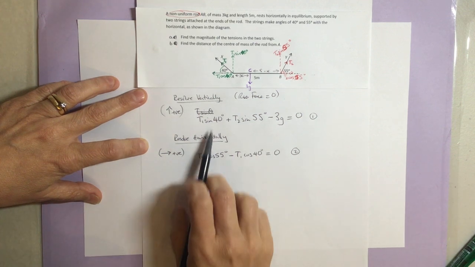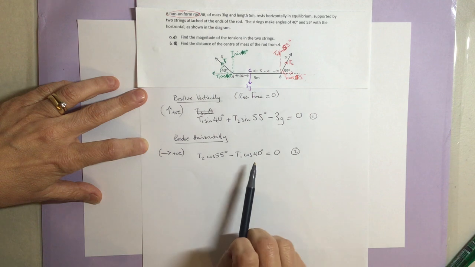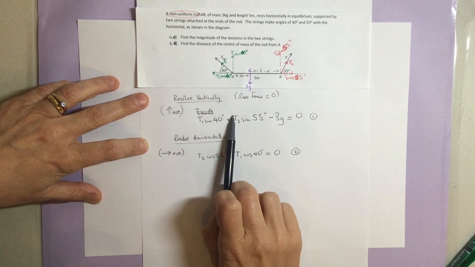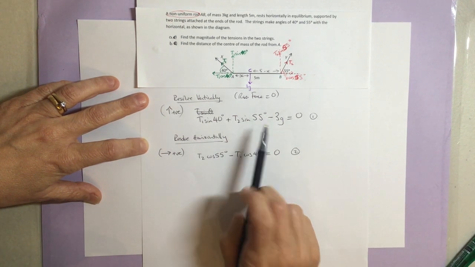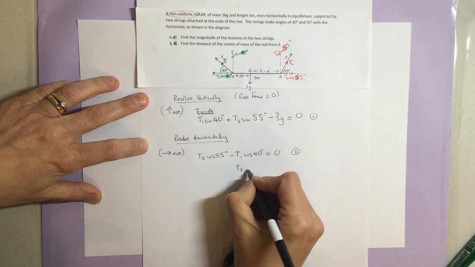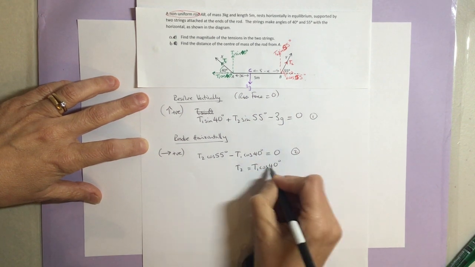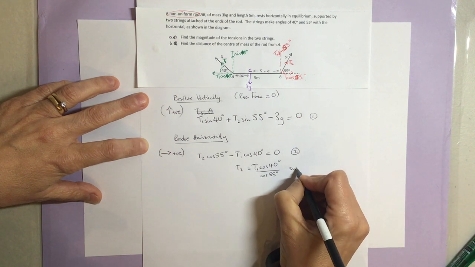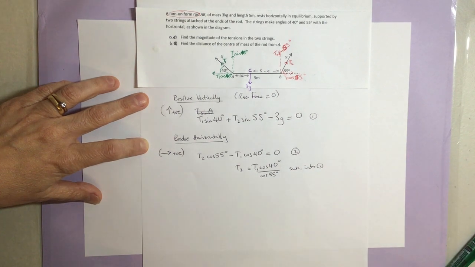So I've got two equations, two unknowns. They're not particularly nice equations, but that's okay. So I'm going to get, let's say maybe T2 as the subject here, sub it in here, and then I can use my calculator to find the value of T1. So from here, T2 is going to be equal to T1 cos 40 over cos 55. And then I'm going to substitute that into equation 1.